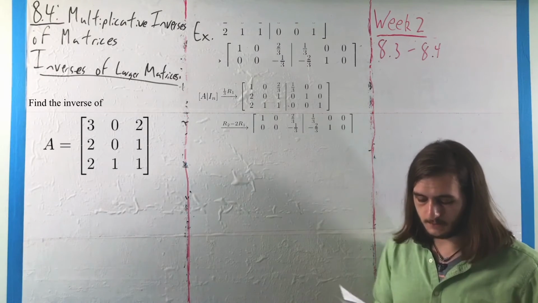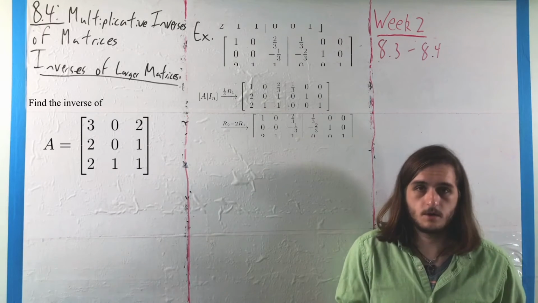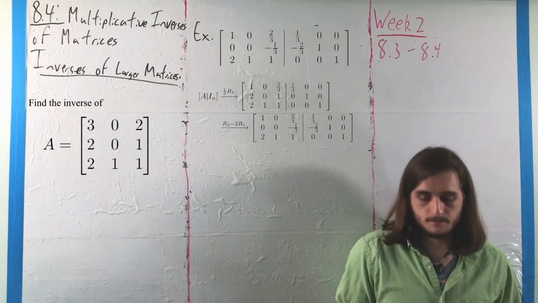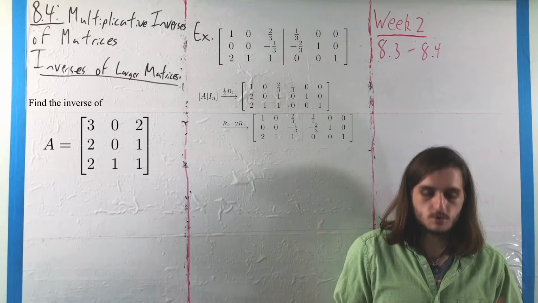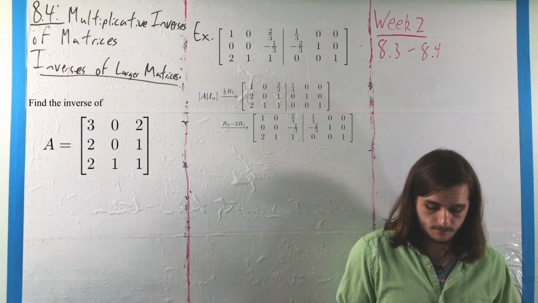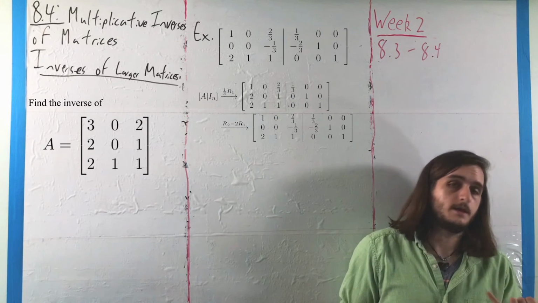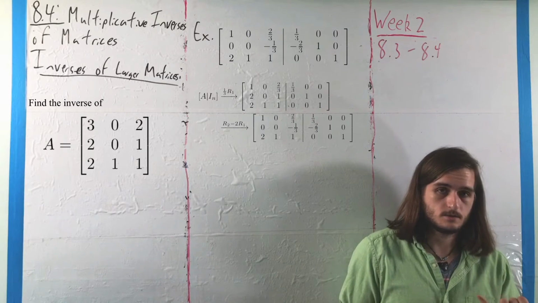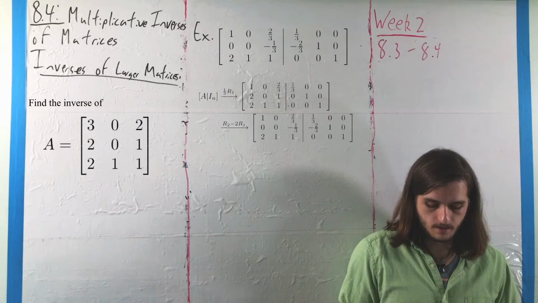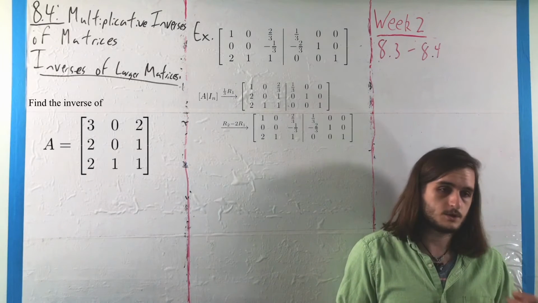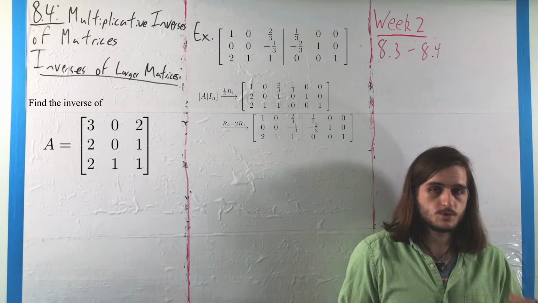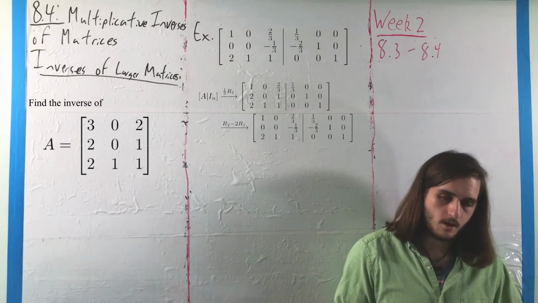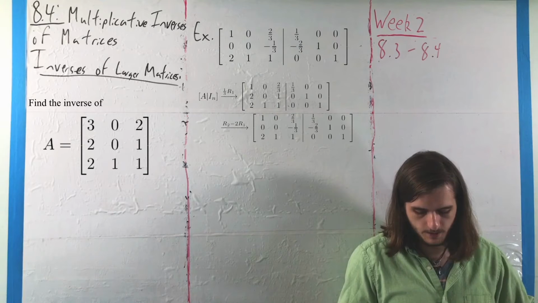So for the next step, I'm just going to eliminate the 2 in the second row's first column. So I'm going to subtract 2 times R1 from R2. That eliminates that first cell to make it a 0. Second entry is a 0. Third one, you would have 2 times 2/3 subtracted from 1. So you'd get negative 1/3.